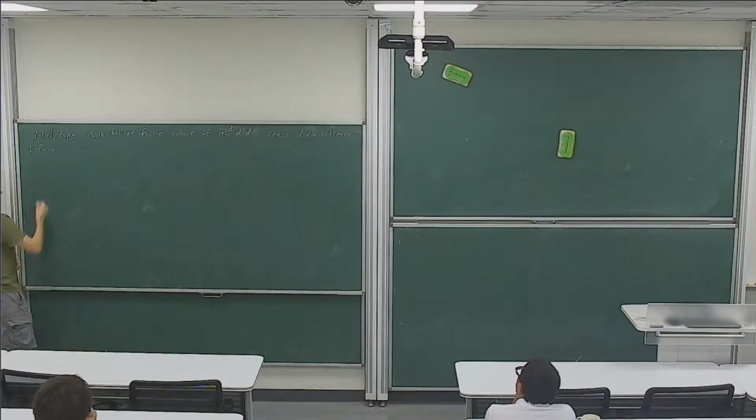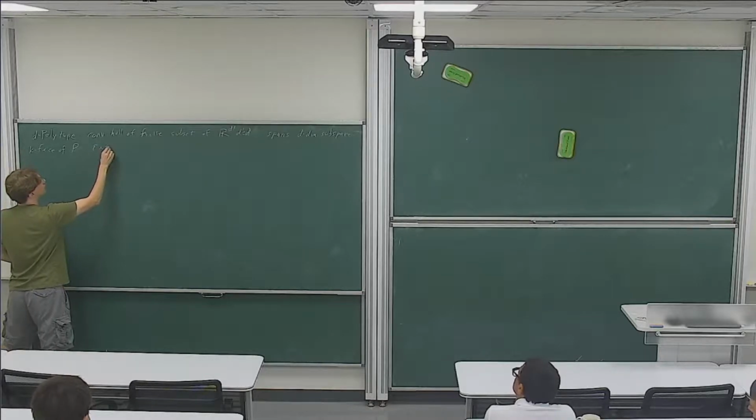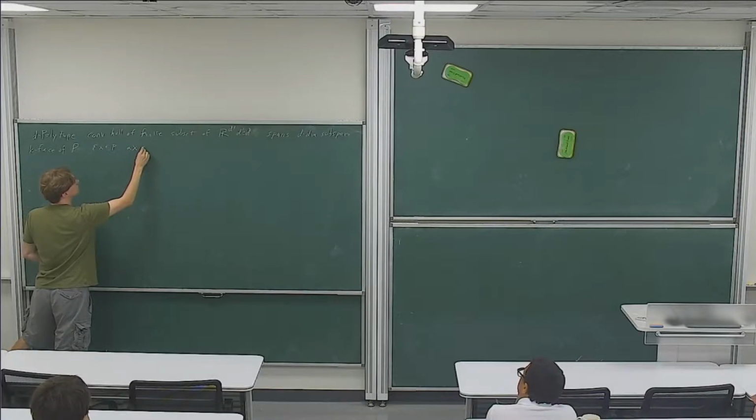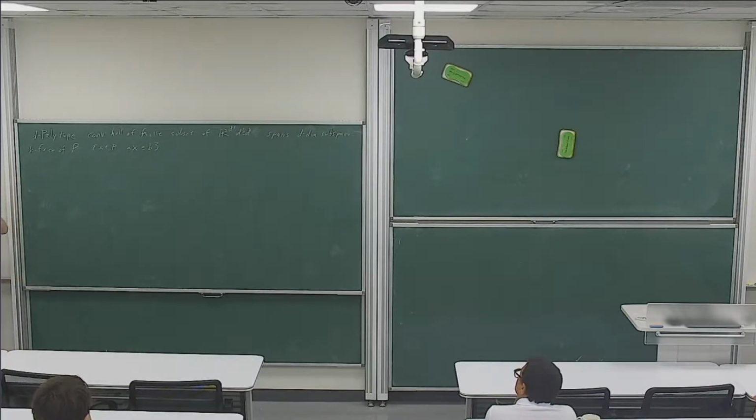And a k-face is sets of the form x in P of the form Ax is less than or equal to some b for some A and b.